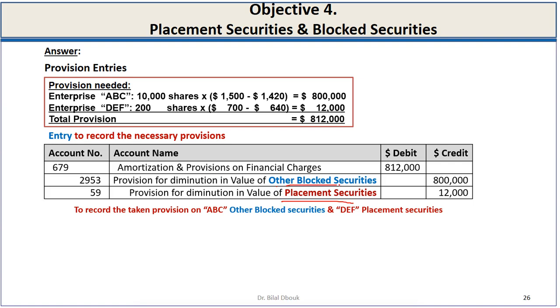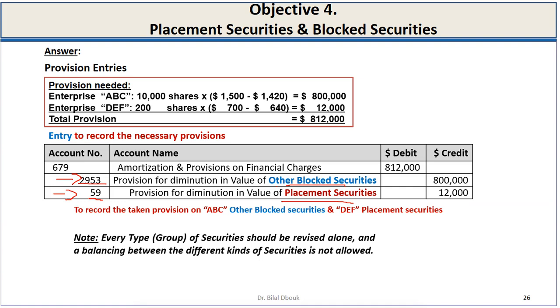So the only difference is the type of account I use for blocked securities and placement securities. I use 2953 for recording provision for blocked securities and 59 for recording provision for placement securities. Every type, or group, of securities should be revised alone.